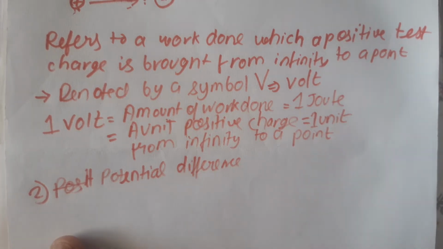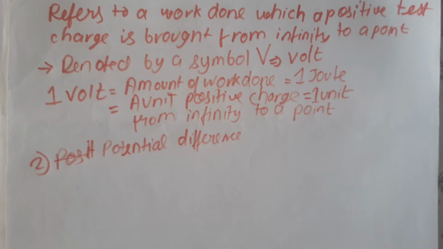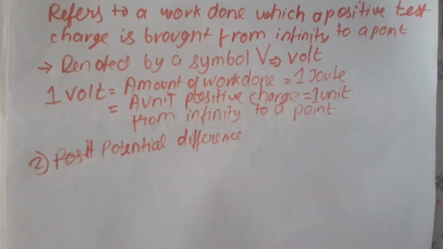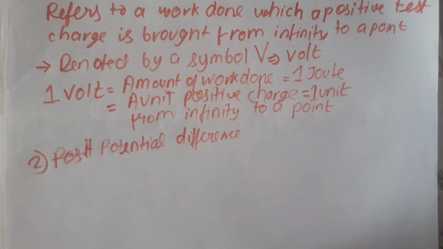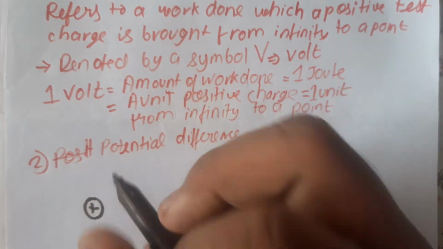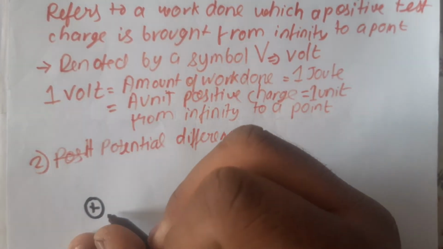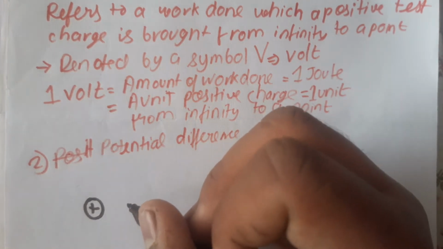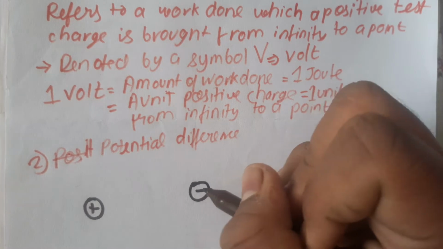Now in potential difference, things get a bit easier, a bit more understandable, and also a bit more realistic. Let's take the same positive unit test charge, and this is a negative charge.